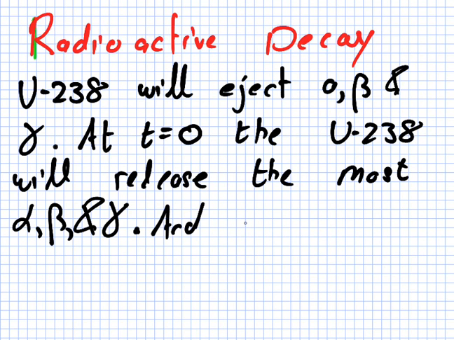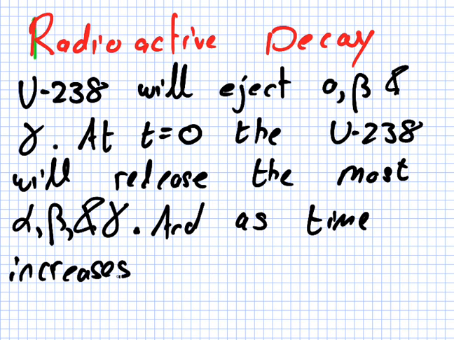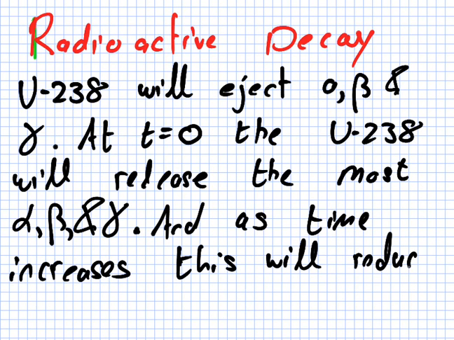And as time increases, this will reduce. So it's constantly radioactive. Yeah, it's constantly emitting alpha, beta, gamma, but it just reduces the amount over time. So if we were to look at a graph, I'll show you the graph now.